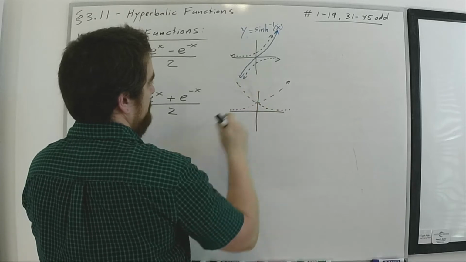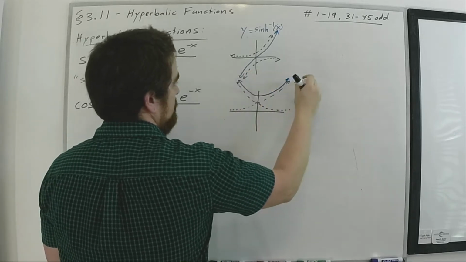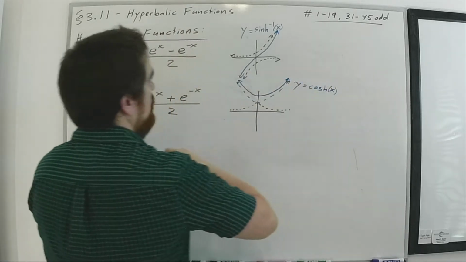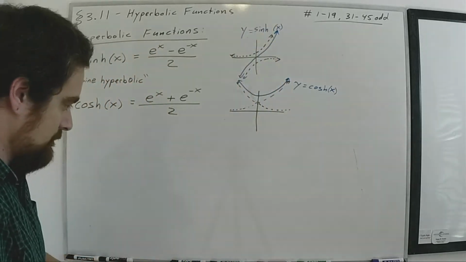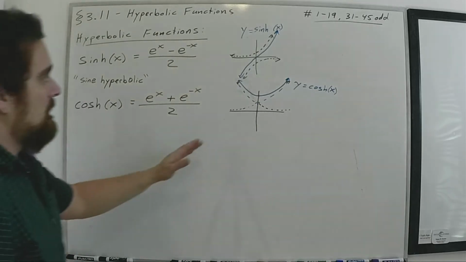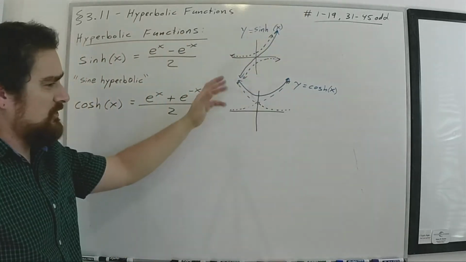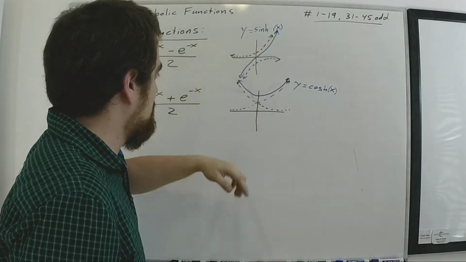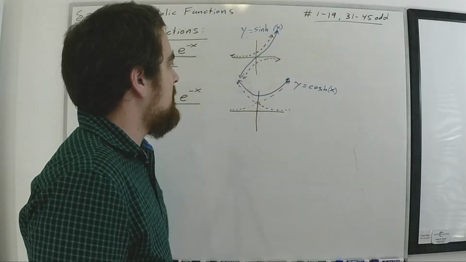There we go. Oh, sorry, I didn't mean to put the inverse notation on sine hyperbolic. Really jumping the gun there. But these are just basic shapes of the graphs. Sine hyperbolic just kind of comes in and does this smooth little wiggle. It almost looks like y equals x cubed if I were to reference a function that looks like that. And then cosine hyperbolic kind of comes in and hangs and then goes back up.